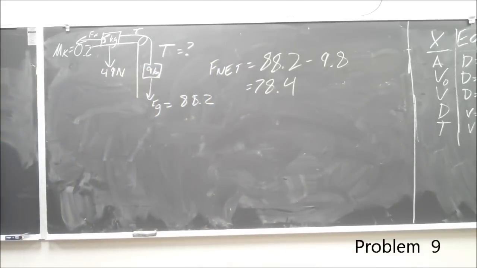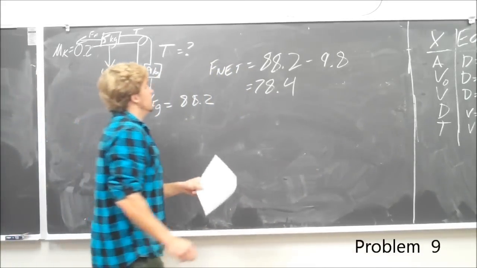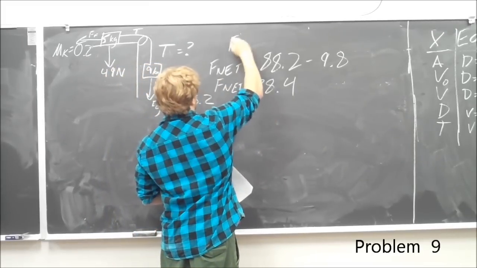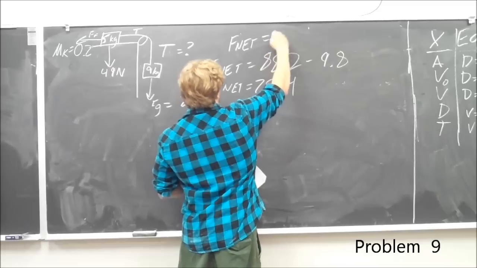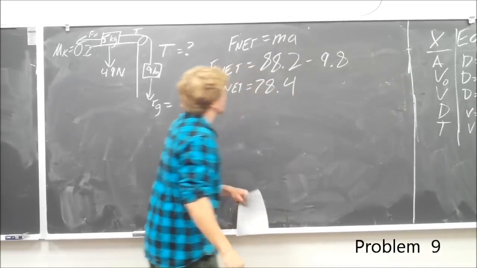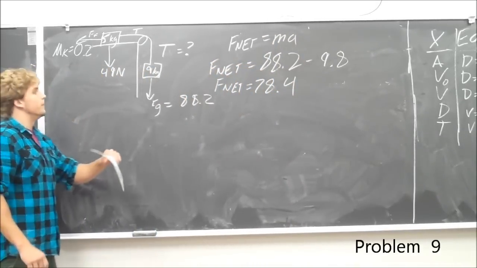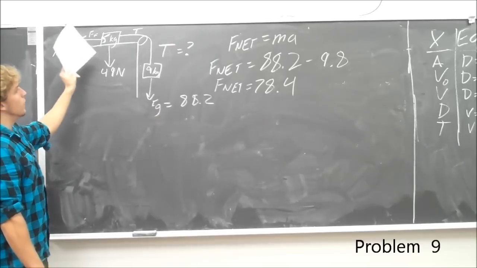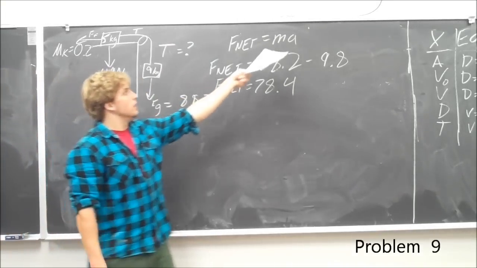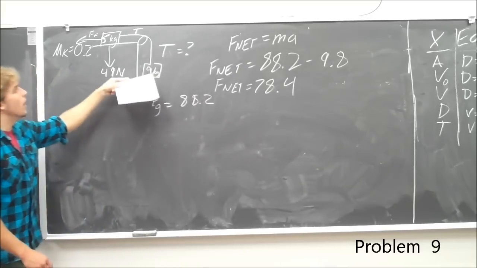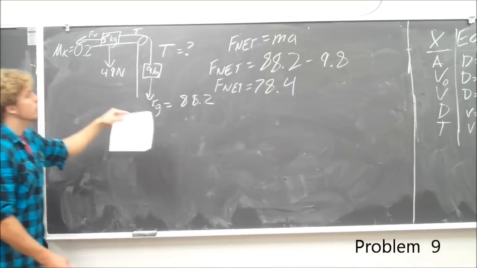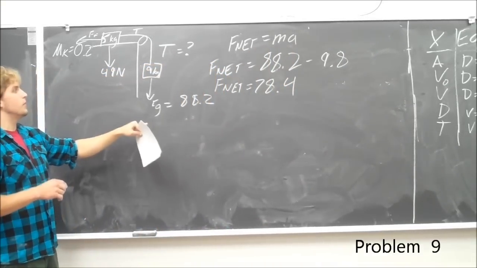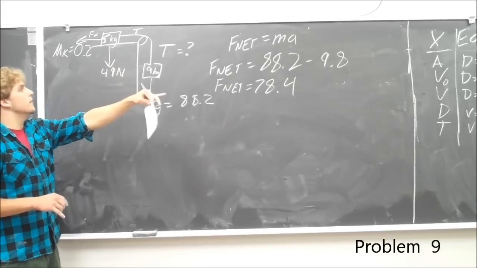Now, F net equals ma. So in this system, the acceleration of the whole system is a, and the mass is the mass of the whole system. This acceleration applies to how fast this guy is going down and how fast this guy is going over.